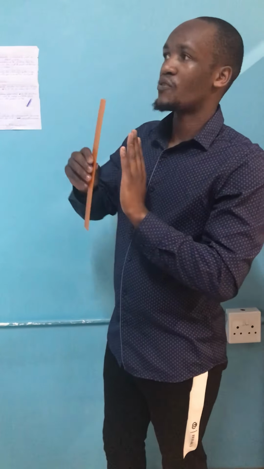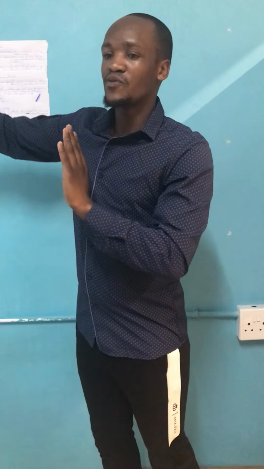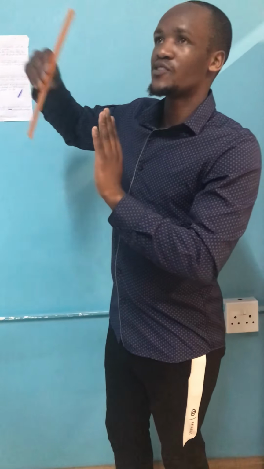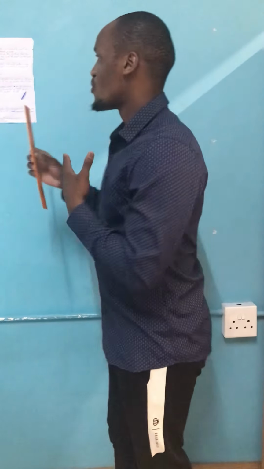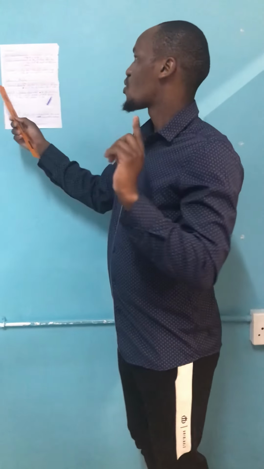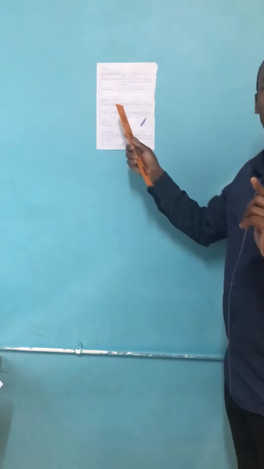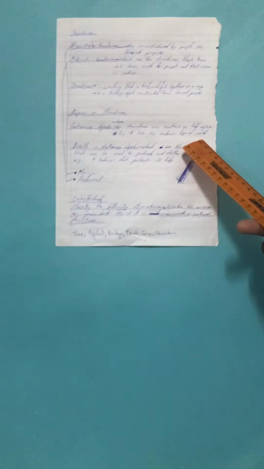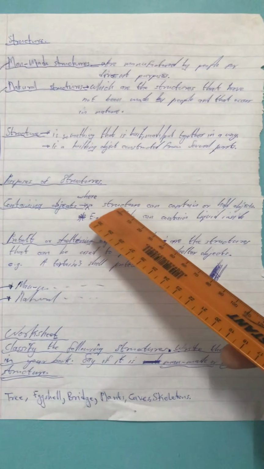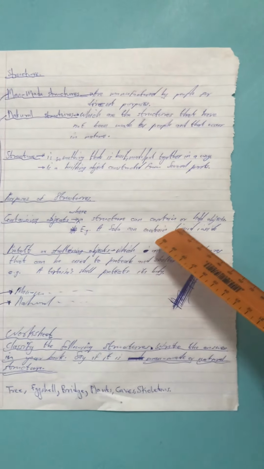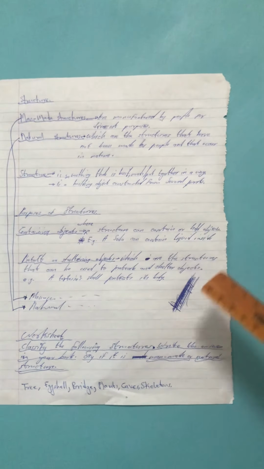And lastly, to recall the last lesson, we talked about the purposes of structures. Number one is to contain objects, like a soda can contains liquid inside. Its definition is a structure which can contain or hold objects.